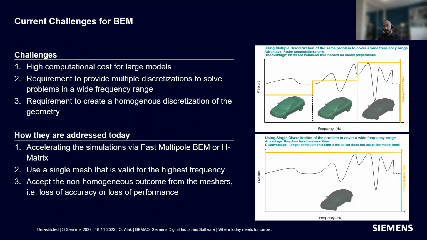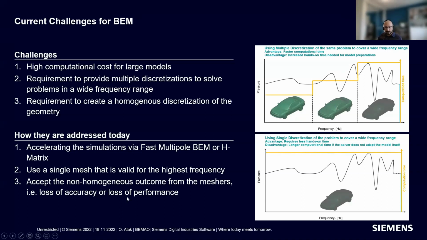So how are these addressed today? For the high computational cost, we look at more scalable methods, like fast multipole BEM and H-matrix type simulations. For the second challenge, typically in industry a single mesh is used for the full frequency range, jeopardizing the computational cost a bit, but saving valuable hands-on time.